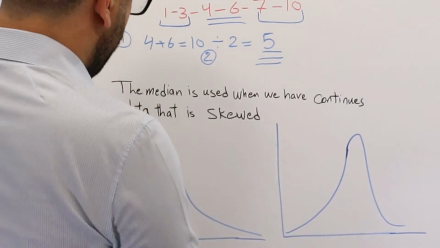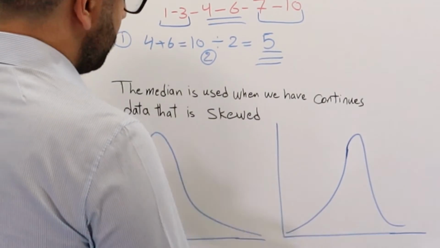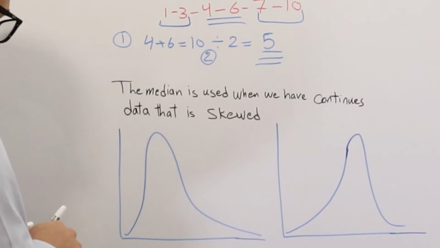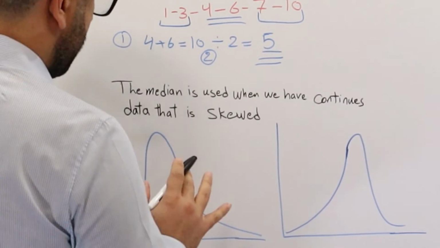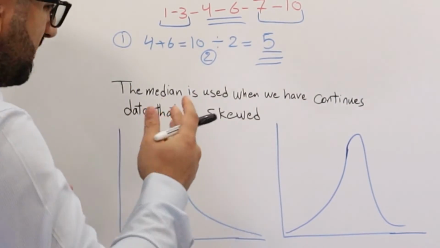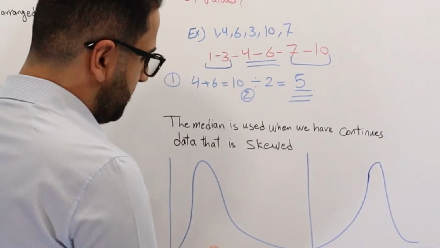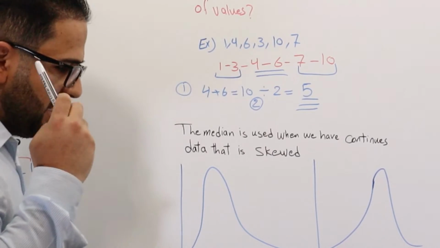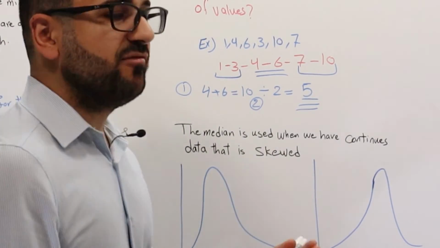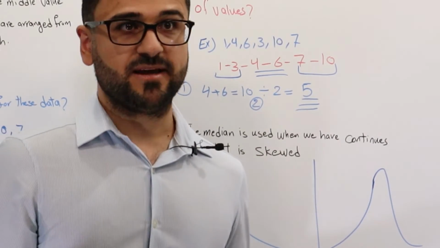When we have skewed data, there are 2 cases: positively skewed or negatively skewed. To remember this, I always think of positive skew as having lost something and finding it really quickly, so that's a positive thing.